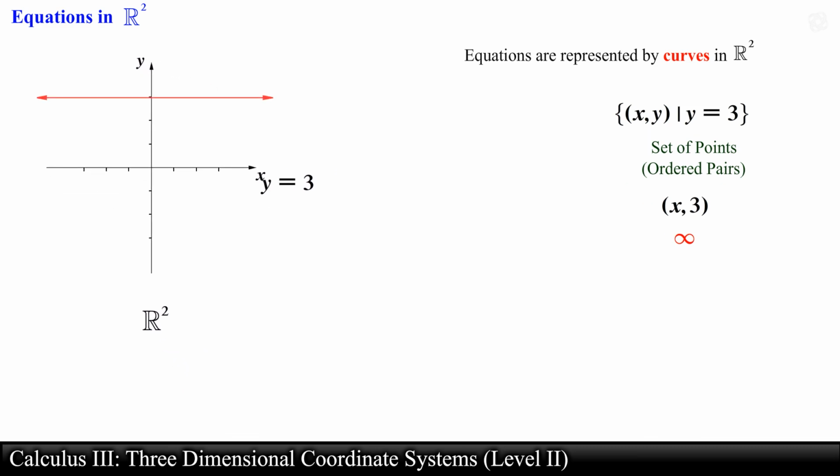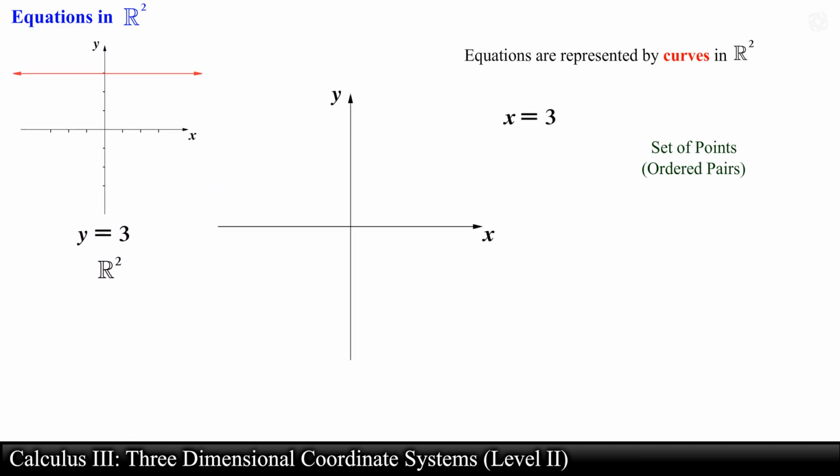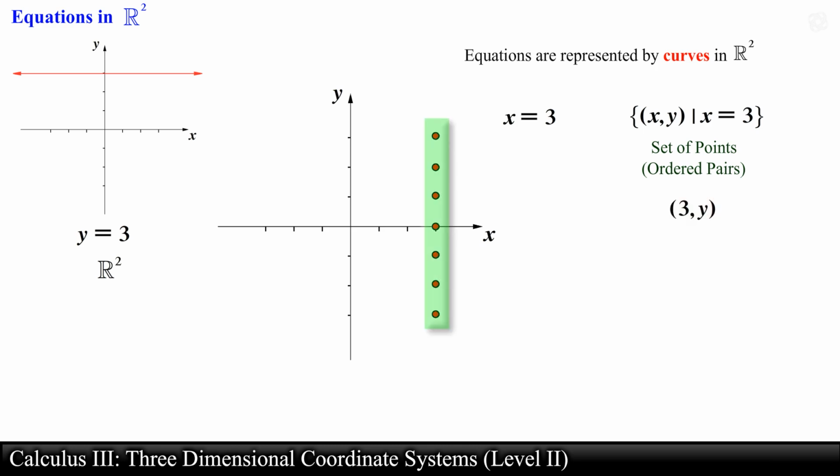In the same manner, the equation x equals 3 represents the following set, which is the set of all points whose x-coordinate is 3. This means that this equation contains all the points whose coordinates are (3, y). The way we represent this is by plotting all the points in the xy plane whose x-coordinate is 3. Doing that, we would obtain the following points.